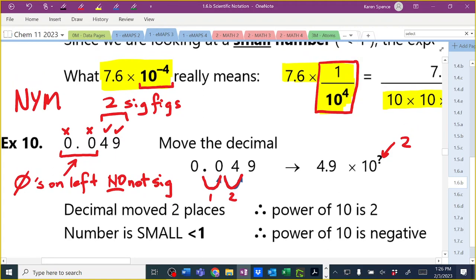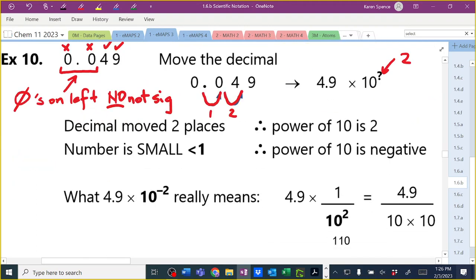But our number this time, is that a small number or a big number? That is a small number. So should our power of 10 be positive or negative? Negative. So it is going to be 4.9 times 10 to the negative 2, because it is a small number. So we have that negative sign there.